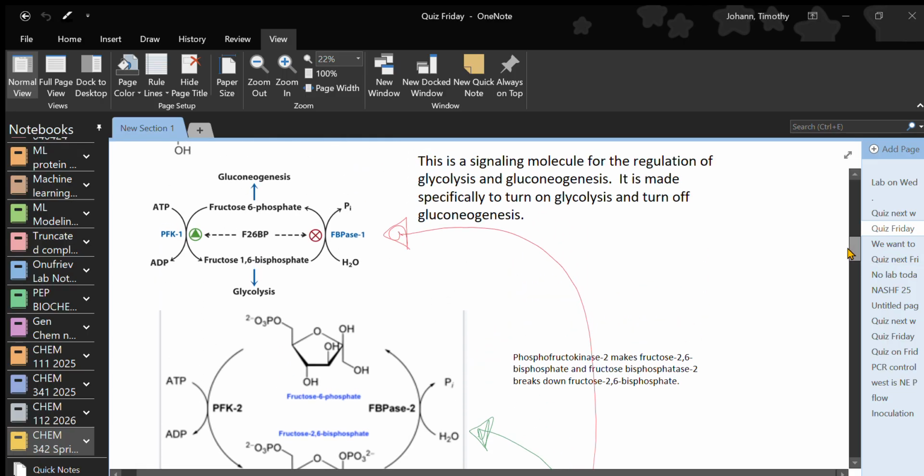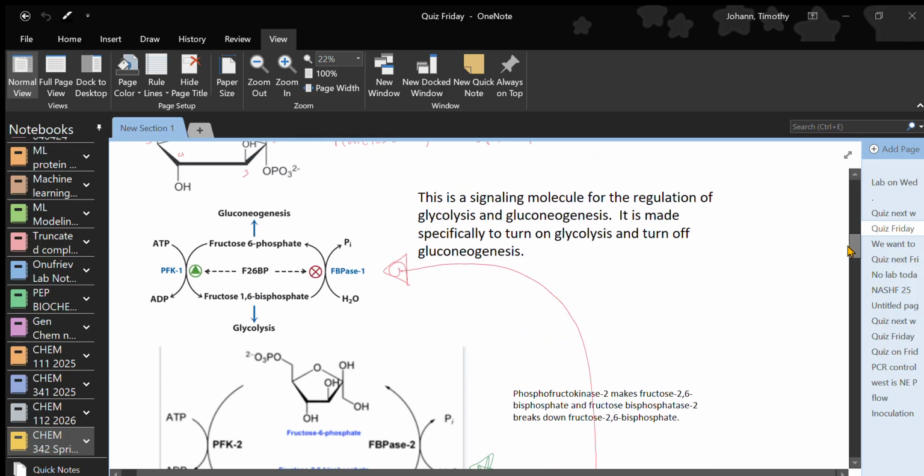And what we get is we stop inhibiting fructose bisphosphatase 1, and we stop activating phosphofructokinase. So now this process is active, and the liver is going to start making glucose from pyruvate, so it can dump that glucose out into the blood for the other tissues, like for your brain.